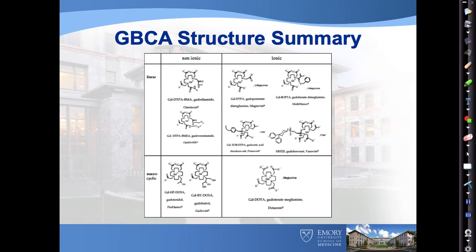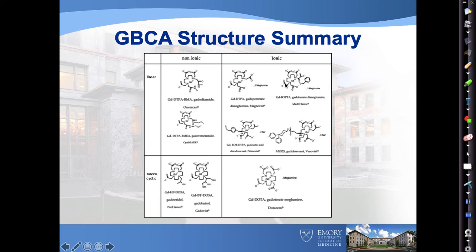So here's a chart that summarizes gadolinium-based contrast agent structure. As you can see here, in the column we have linear and macrocyclic, and in the top row it's classified by non-ionic and ionic. So our agents that are linear non-ionic are OmniScan and OptiMark.